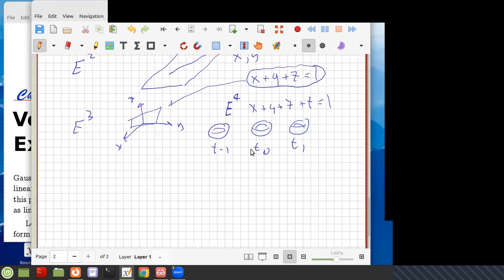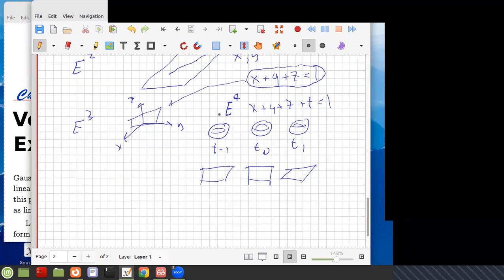You could have one plane like this that would be the same flat space, but it would fill out like in time. It would be like a bar or something like that.